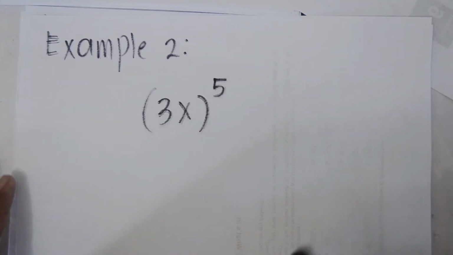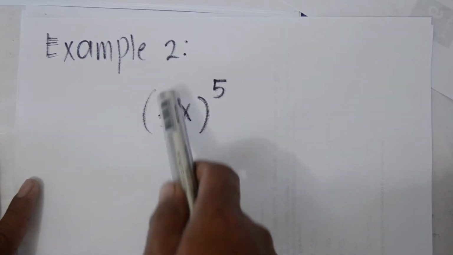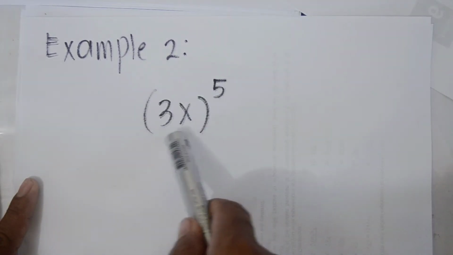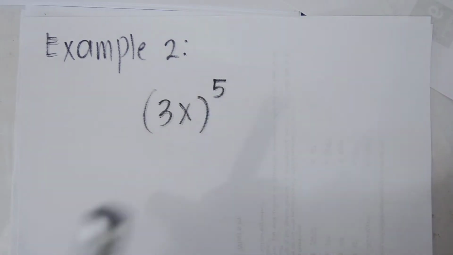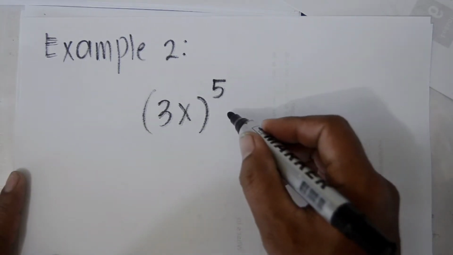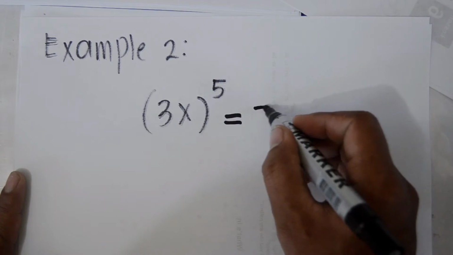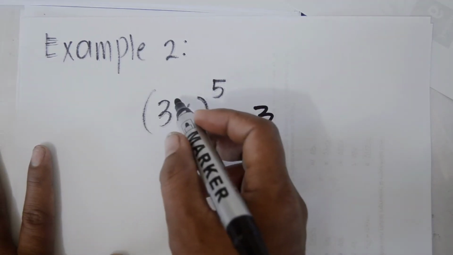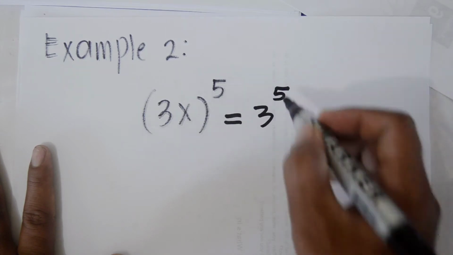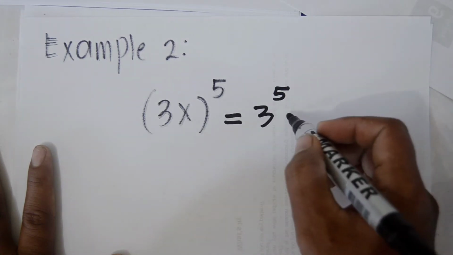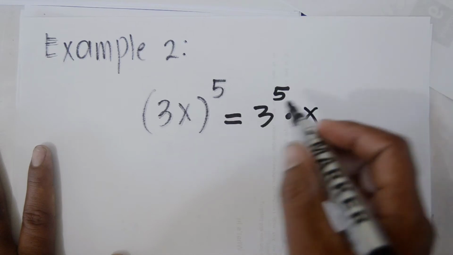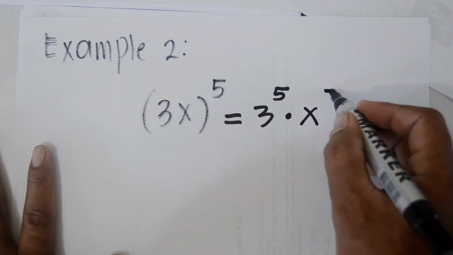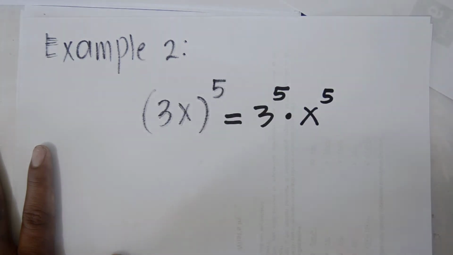Okay, let us have example number 2. The quantity of 3x raised to the power of 5. So again, following the rule, distribute 5 to each term here. We have 5 times 1, that is equal to 5. Then times copy x. 5 times 1 is also equal to 5.